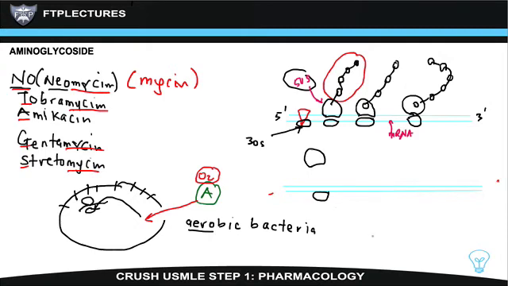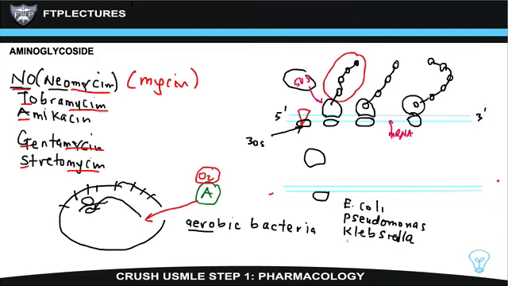Well, the first one that we can kill with this drug is E. coli. Okay, so E. coli, that's one. The next one that can be killed by this drug is also Pseudomonas. Pseudomonas, okay. The next one is Klebsiella.